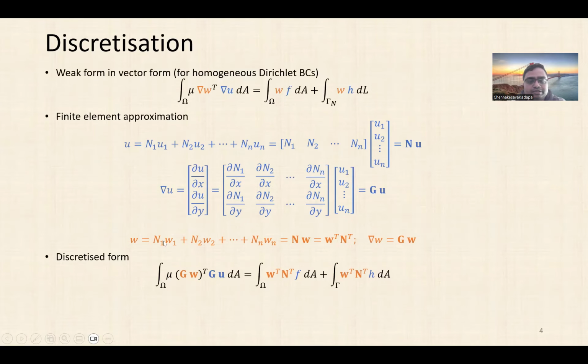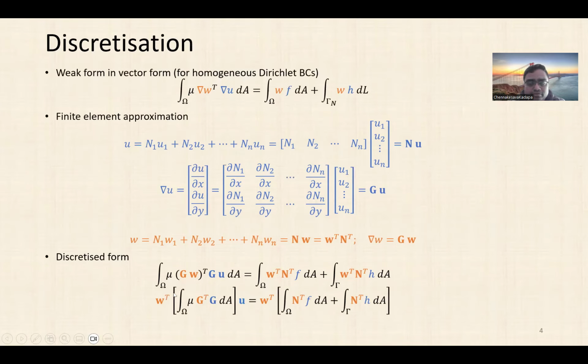And then once we substitute for u, that is u equals N multiplied by U, these are the matrices, and nabla u, that is gradient u, equals G U into our vector form of the weak form. Here we are substituting G w for del w, and G U for del u, and for w we are using this transposed form. On the right hand side, we then take w transpose from all the terms.